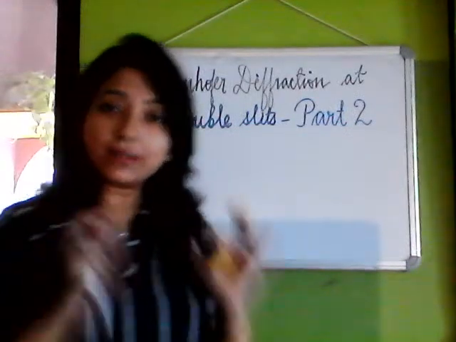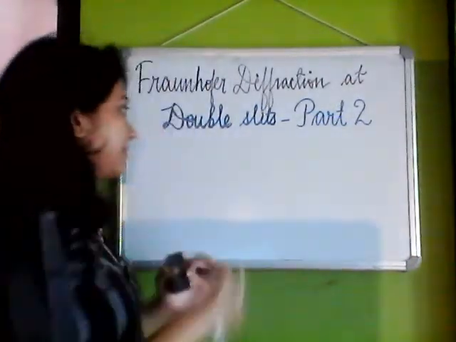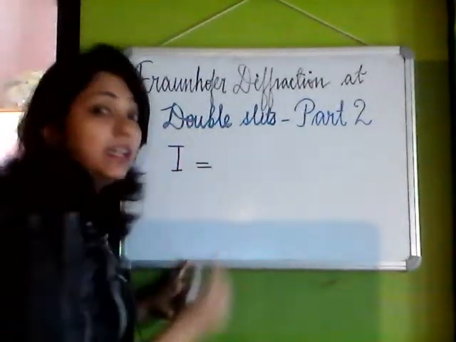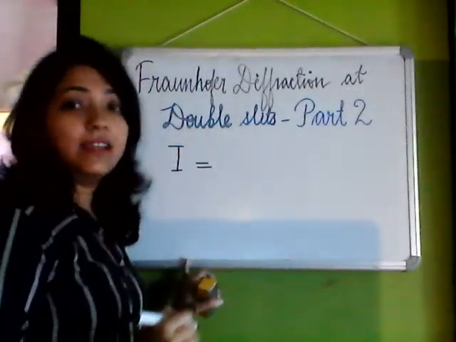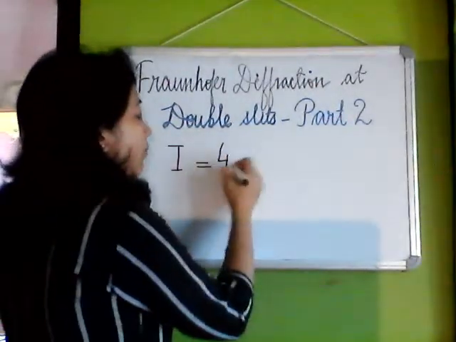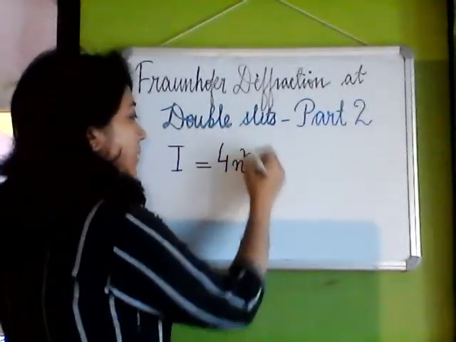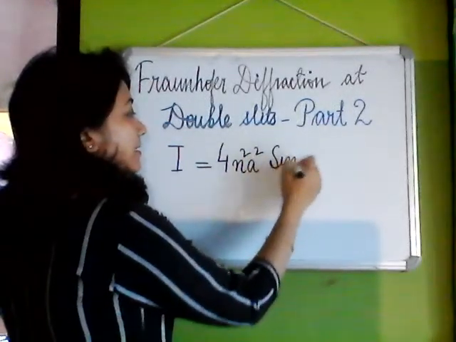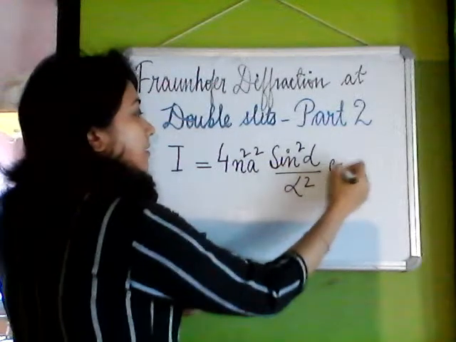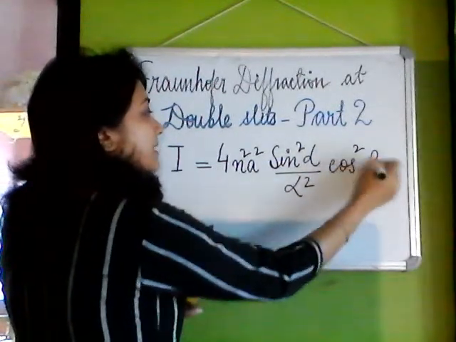So let me write down the last result we received yesterday: the intensity due to a double slit diffraction pattern on the screen can be written as 4 I naught A square, sine square alpha by alpha square, cos square beta.